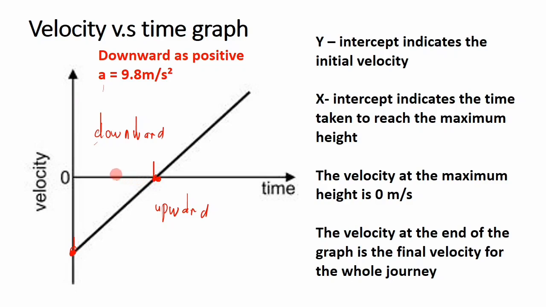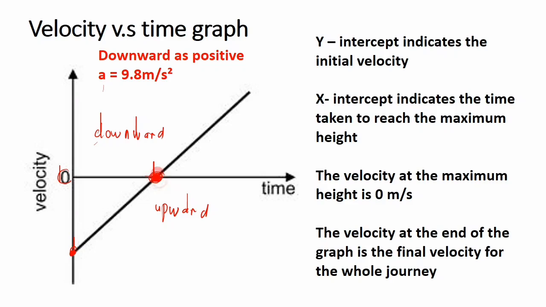So now we know that the velocity at the maximum height is 0 meters per second. You can see at this point the ball will be at the maximum height, and the velocity that corresponds with that is 0, right? So at the maximum height we say the velocity is 0.